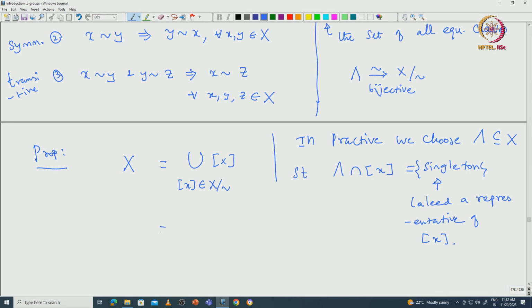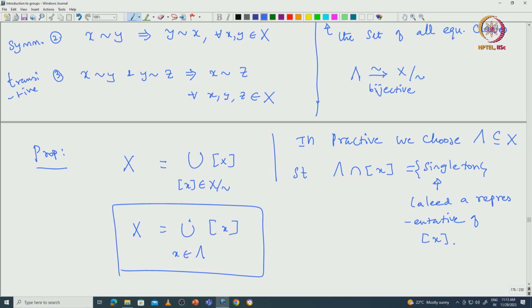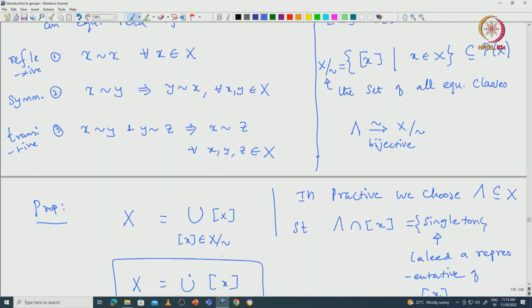So, in particular this can be rewritten as: X is the disjoint union of these brackets X, where X comes from this capital Lambda. Okay. That is why in most books they use this notation. This means we have chosen a set of representatives from each equivalence class and represented them using this indexing set capital Lambda, and X is nothing but the disjoint union of the equivalence classes corresponding to the elements coming from capital Lambda.